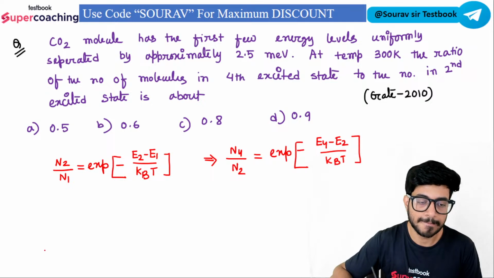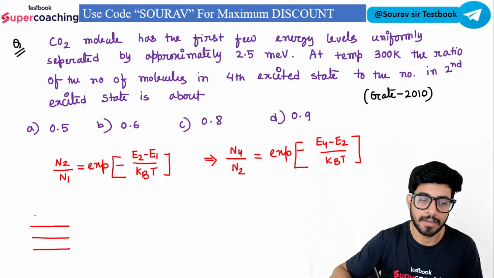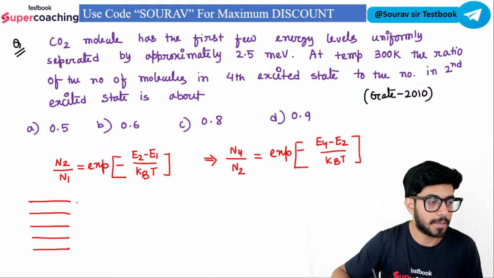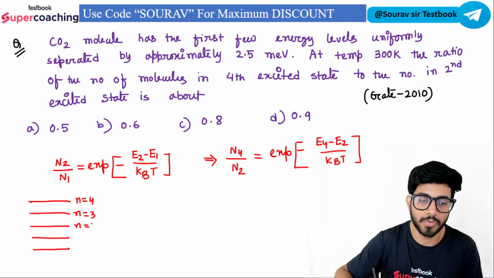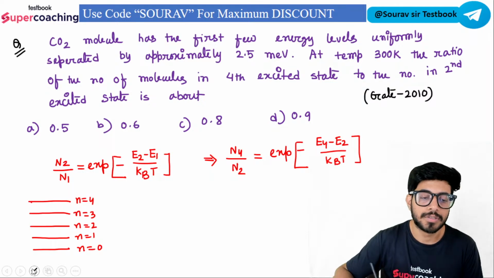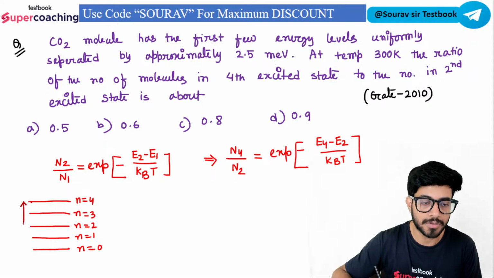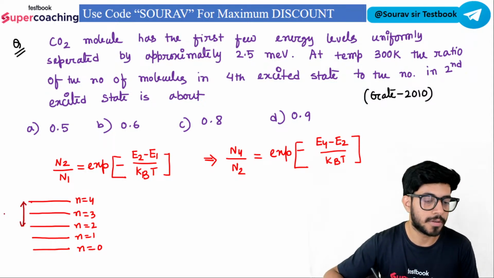So ground, first, second, third, fourth, meaning n equals 4, n equals 3, n equals 2, n equals 1, n equals 0. So all the gaps between any two levels is 2.5. So tell me the gap between n equals 4 and n equals 2. 2.5 plus 2.5, that is 5 milli electron volt.